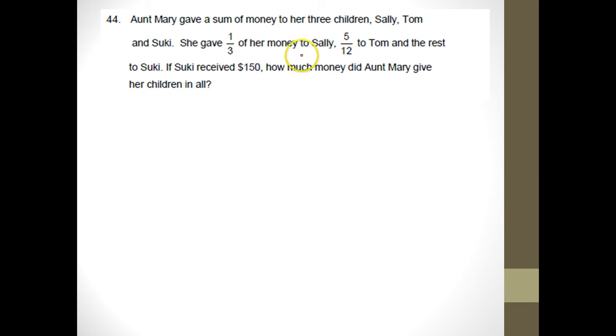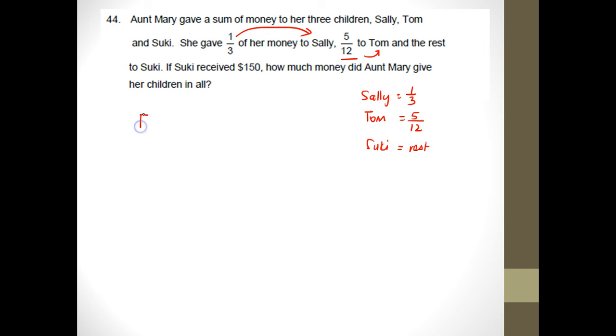Question 44. Aunt Mary gave a sum of money to her 3 children, Sally, Tom, and Suki. She gave 1/3 of her money to Sally. Tom received 5/12, sorry, and the rest she gave to Suki. Suki has the rest.